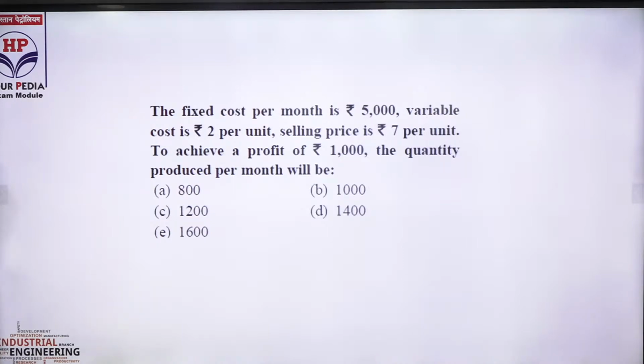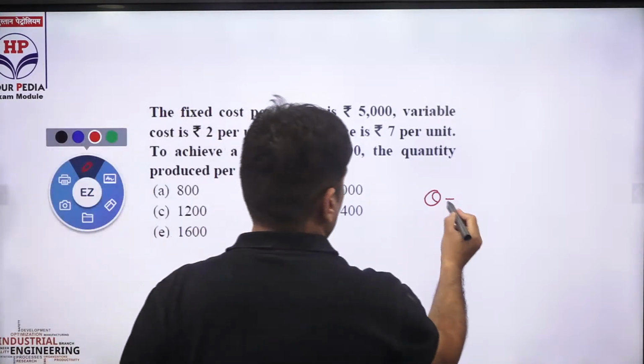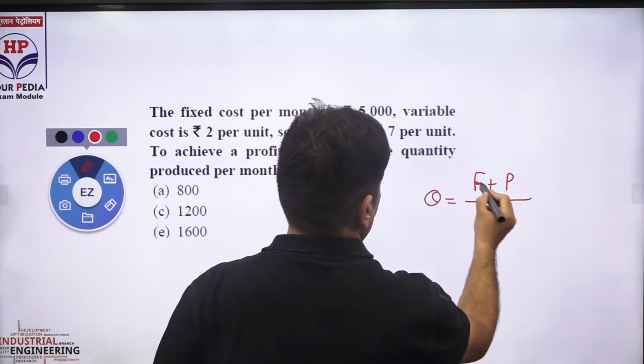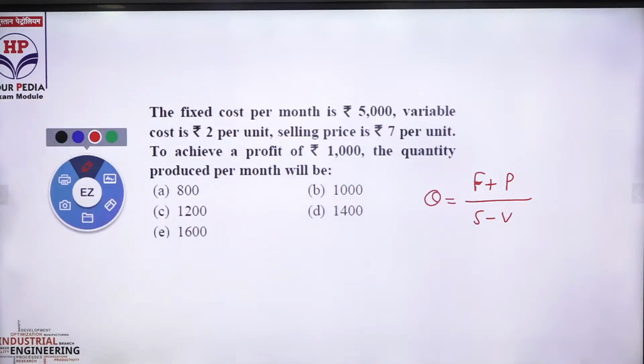This is what I was telling you, and I think you can very easily solve this question now. Q is equal to F plus P over S minus V. Everything is given to you. The quantity produced will be F, that is rupees 5,000 plus 1,000, 6,000 over 5. So you got the answer for that.